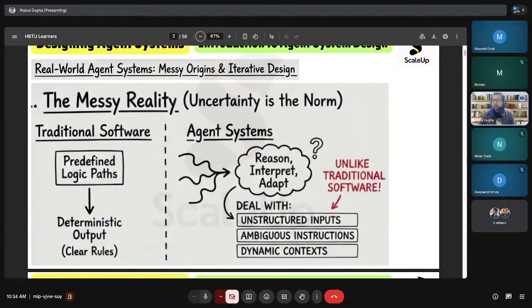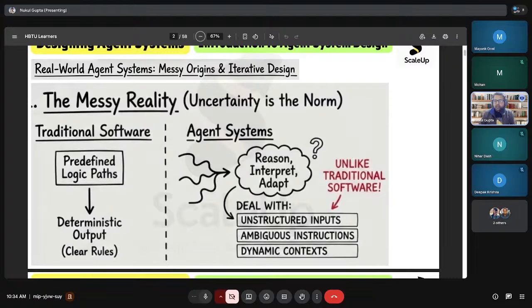But in an agentic system, since we don't know the solution, the recipe will be cooked by the AI. We will only be giving our intent. So the agent system is very uncertain in nature. We never know when AI will hallucinate. We don't know the edge cases.